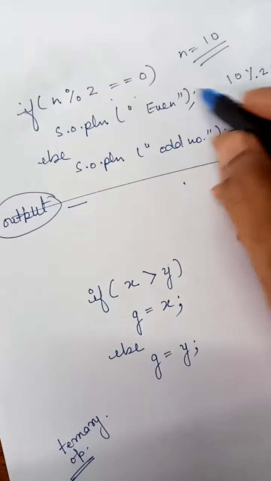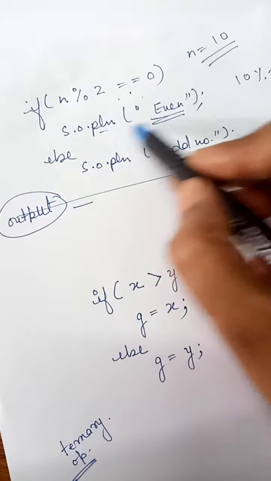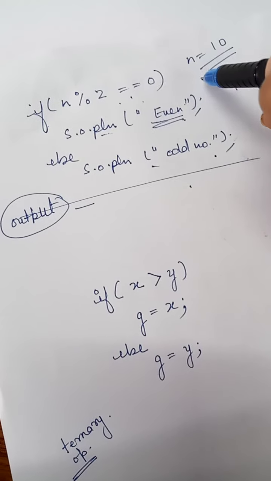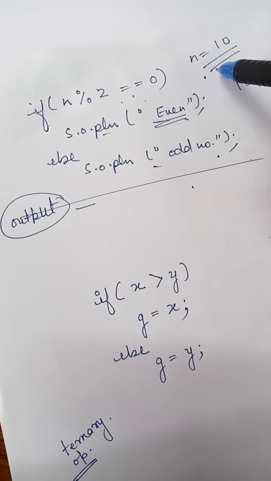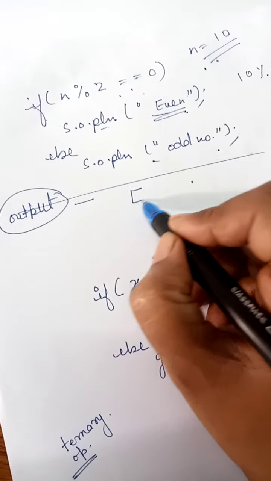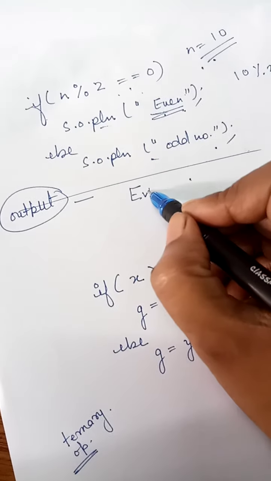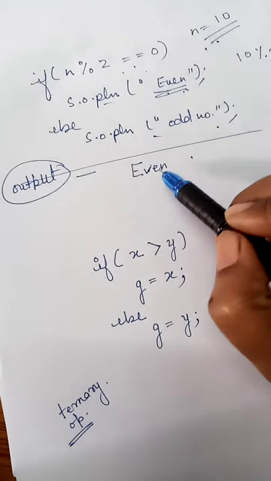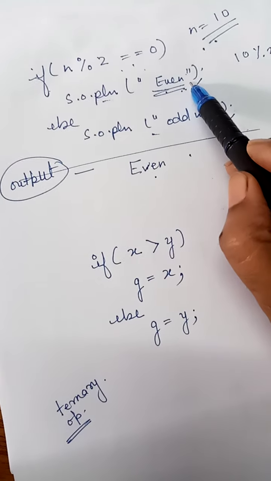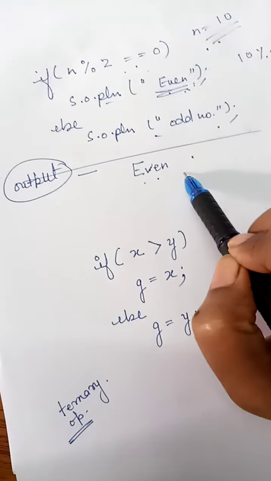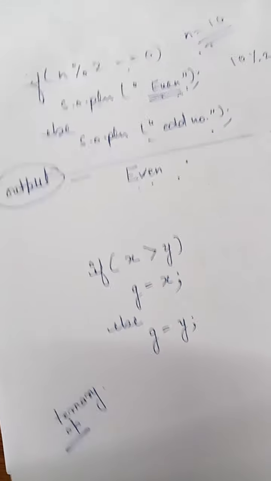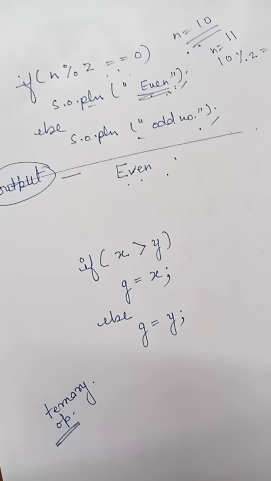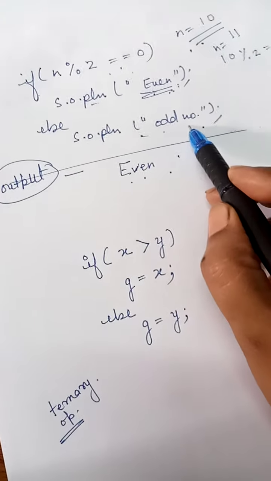So the condition is true, and you will get the output whatever you have written in the if part, exactly that: even. If I have written only even, then the output will be even. Suppose I give the value of n as 11, then the answer will be odd number.